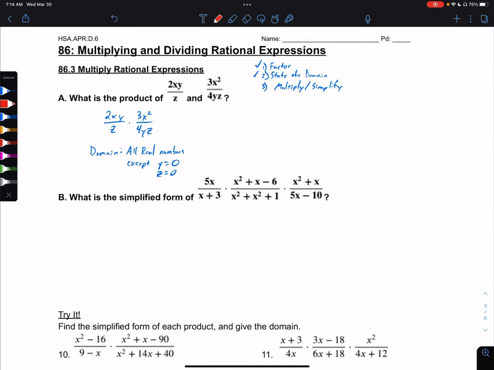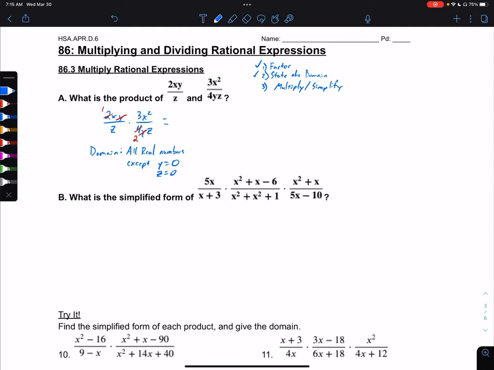So what I notice is that the y values, I have a y in the numerator and a y in the denominator, so those can be canceled. And then the 2 over the 4, those can be reduced. So I can reduce this to 1 over 2. So if I have 2 over 4, that's equal to 1 over 2. Right. And then to multiply fractions, we multiply the numerators and we multiply the denominators.